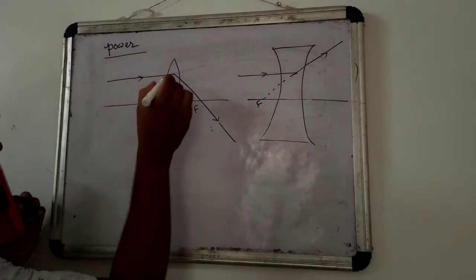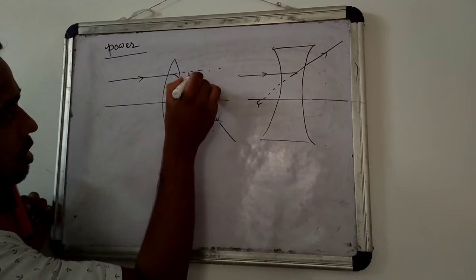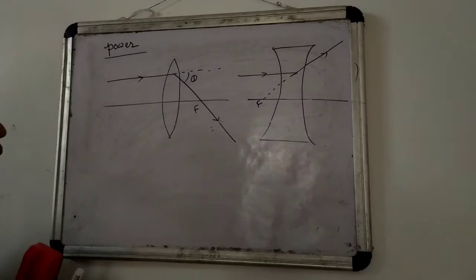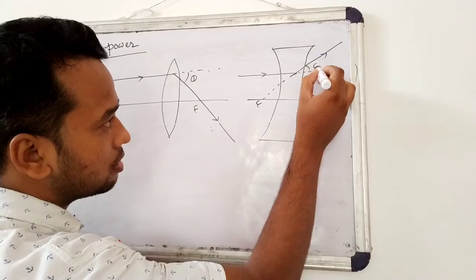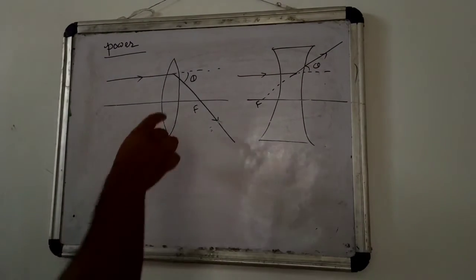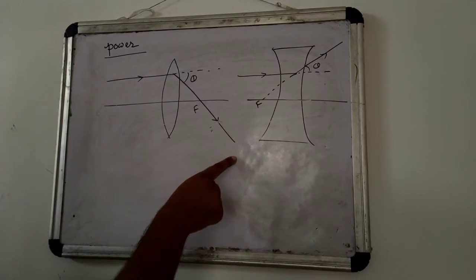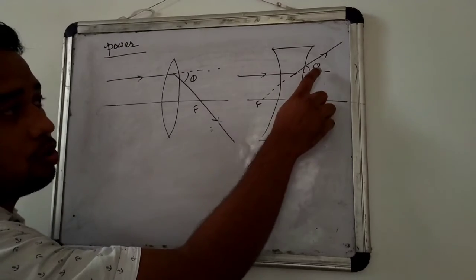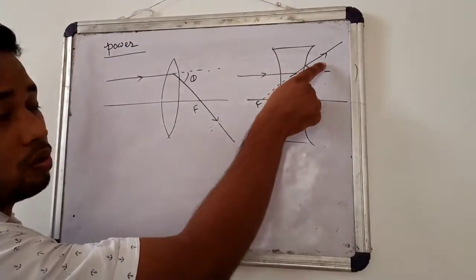So in the case of a convex lens, this is the degree of convergence, and this is the degree of divergence. By this angle the incident ray changes its path after refraction, and in the case of a concave lens, the incident ray diverges with this angle.